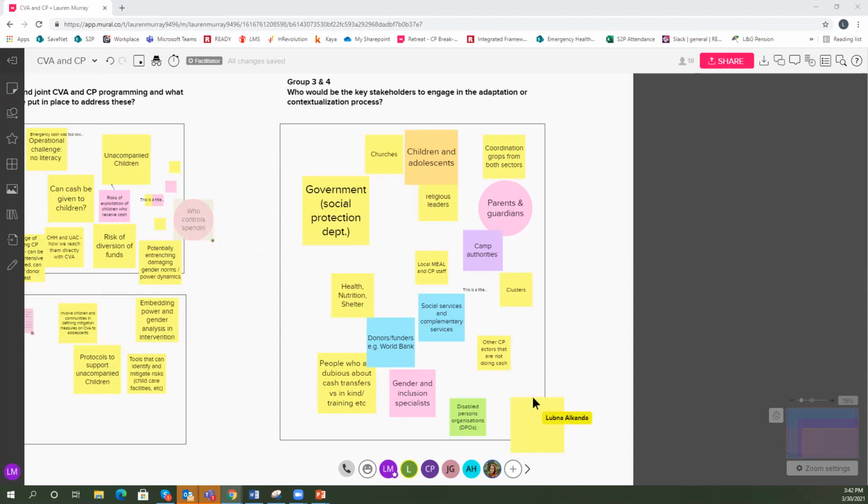Maybe just to add a thought from my side, I think it has to do also with other services, issues of security and sustainability, and making sure that cash is integrated and takes into consideration all of the other aspects of the community or the ecology where it's being distributed, and not just something that is done as a project with a certain timeline without really considering what's next.